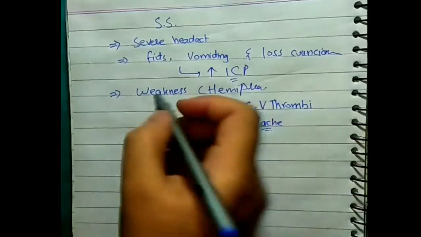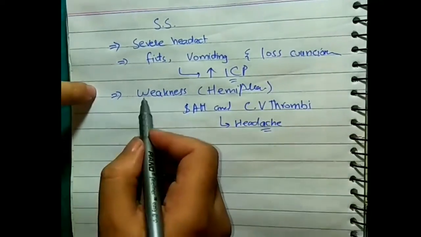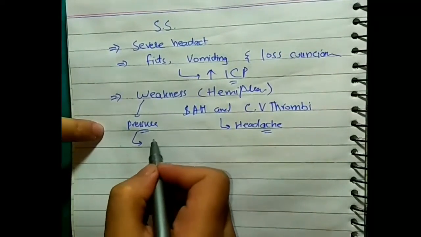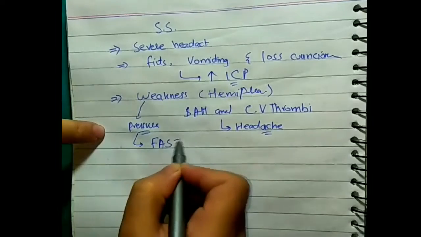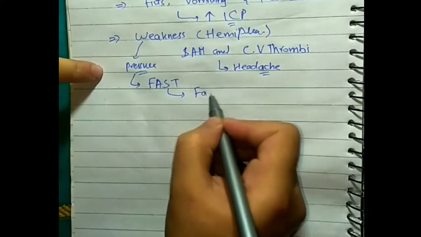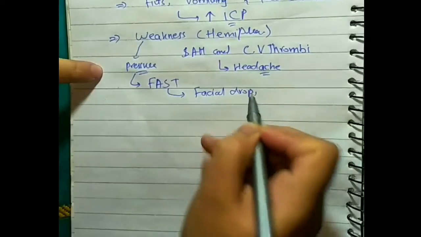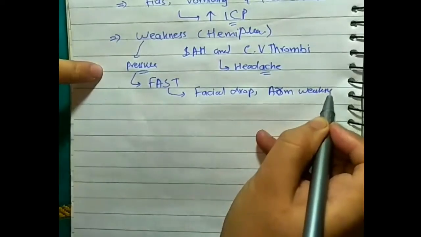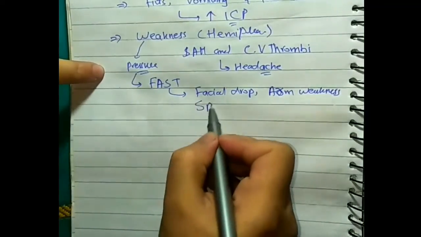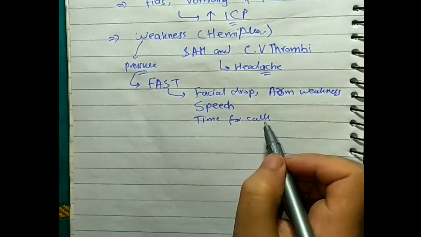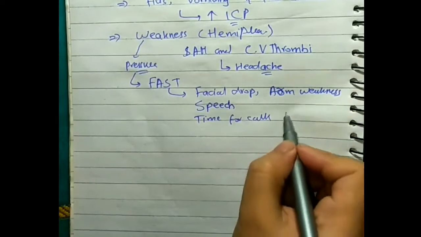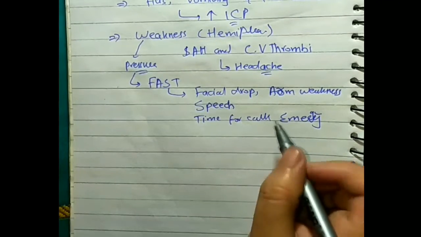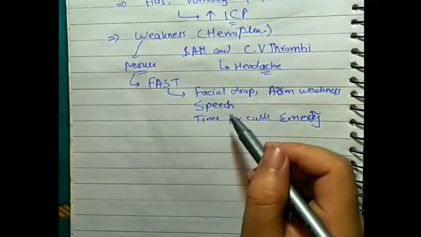We can remember the signs with the FAST mnemonic: F for facial drop, A for arm weakness, S for speech difficulty, and T for time to call emergency. So these are the signs and symptoms of hemorrhagic stroke.